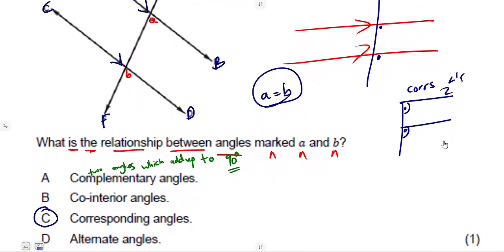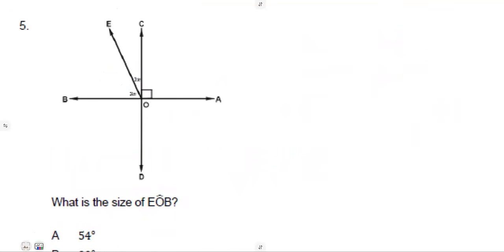Let us consider another question, which is on number 5. It was not clear enough, but those are the angles that we are given. This is 2x, this is 2x and this is 3x. So actually, guys, you can download the question paper or check the description of the video so that you can see these questions properly.